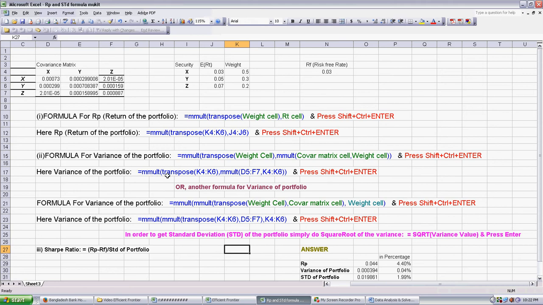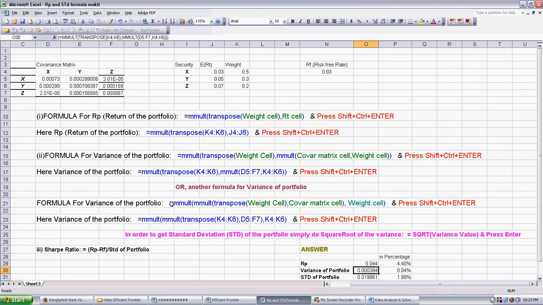So here you see MMULT TRANSPOSE, then we select the weight cells, then MMULT, then the covariance matrix cells that start from D5 and end with F7, so D5 to F7, then again the weight cells, these three cells, then close the bracket, and press shift control enter. So in this way we have found the variance of the portfolio.